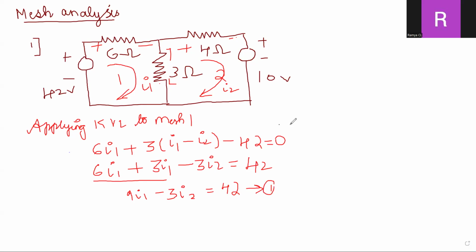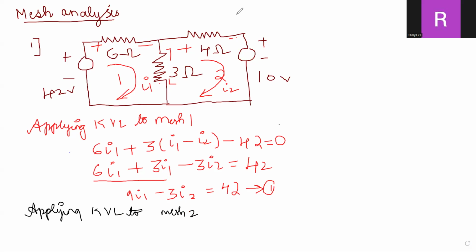Next we should apply KVL to mesh 2. Can you apply KVL to mesh 2? Yes, sir. Applying KVL to mesh 2, what will you get?